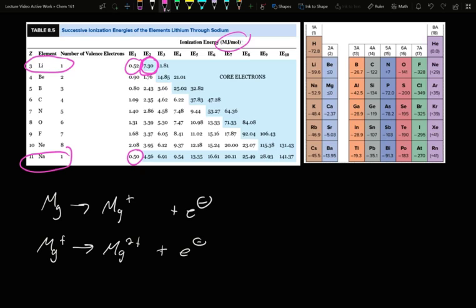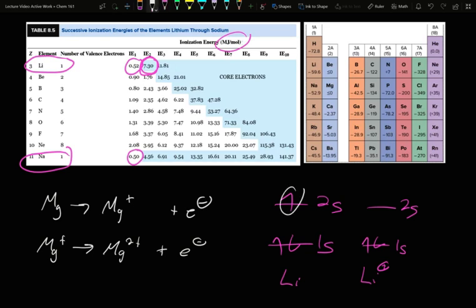What's happened is, lithium, 1s2 2s1, had its 3 electrons, and going to lithium+, we just have the 2 electrons. The first ionization energy was targeting a 2s orbital, but the second ionization energy has to remove from a 1s.